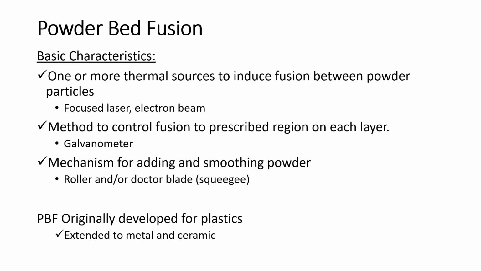Okay. And that's done with a galvanometer in the same way that the laser is controlled with the vat photopolymerization process when you're using the vector scanning technology. Okay. Remember, a galvanometer is basically a servo controlled mirror that's going to be moving in such a way that it can direct the laser.